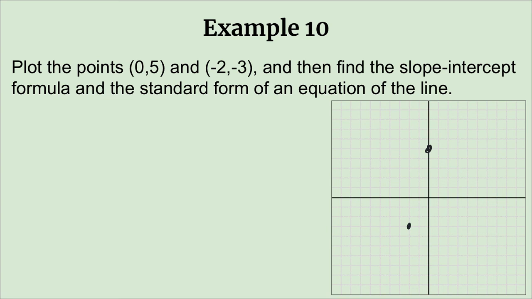So, oops, went one too far. So we go to the left, 1, 2, oh my goodness. To the left, 1, 2, down 1, 2, 3, 4, 5, 6, 7, 8. So up 8 to the right 2.